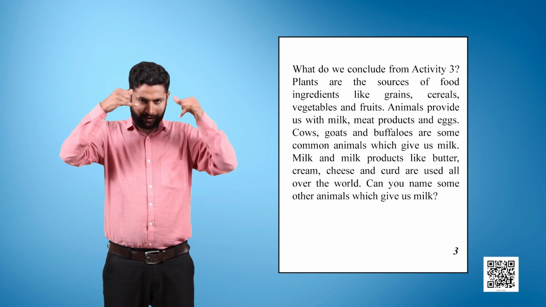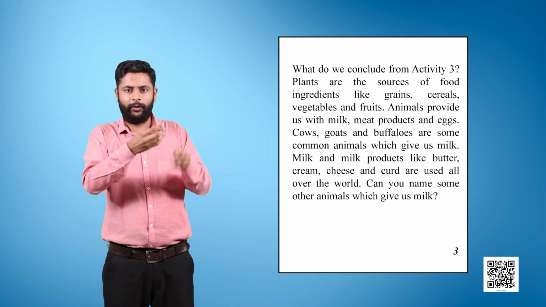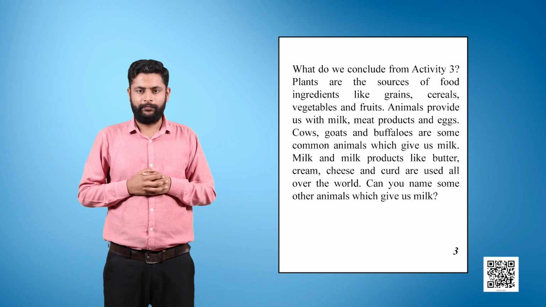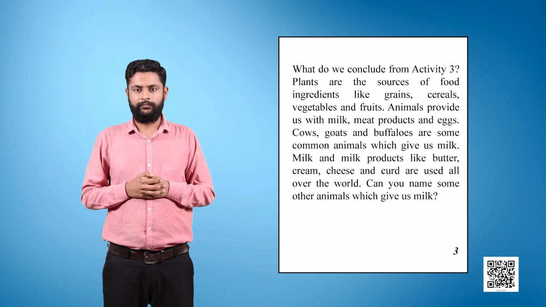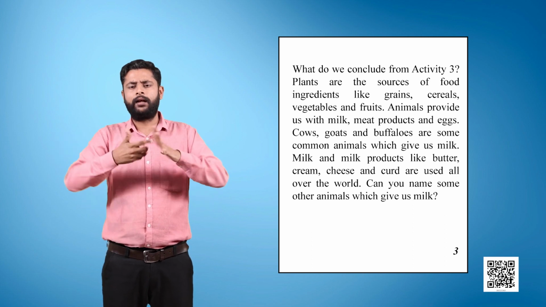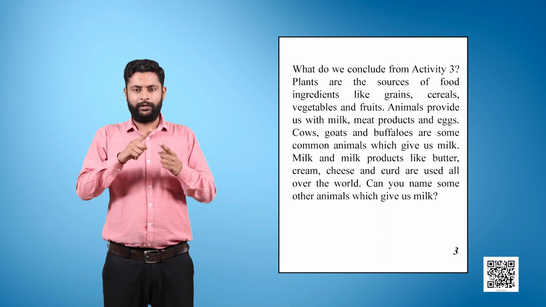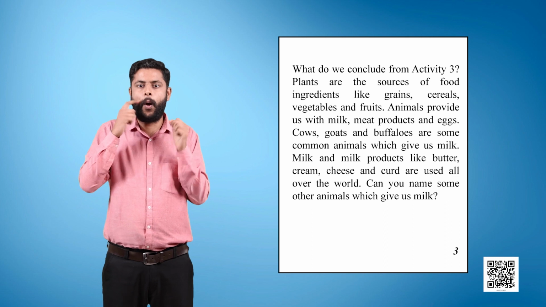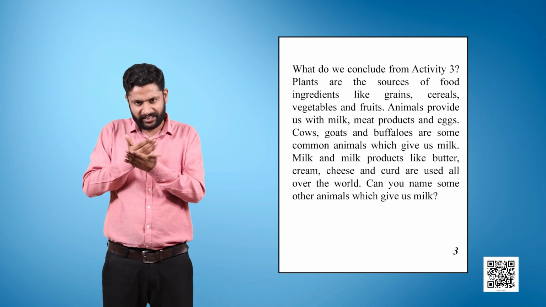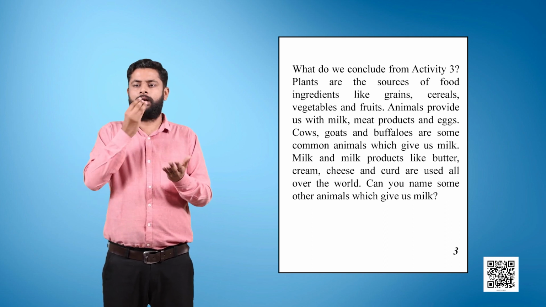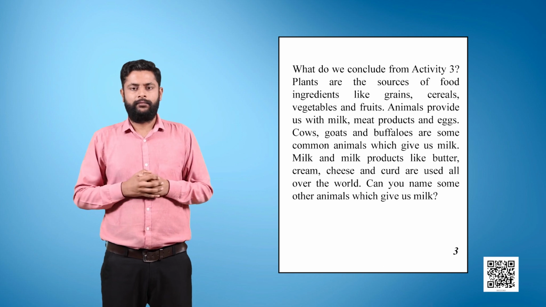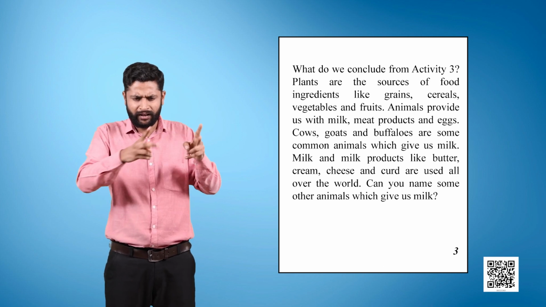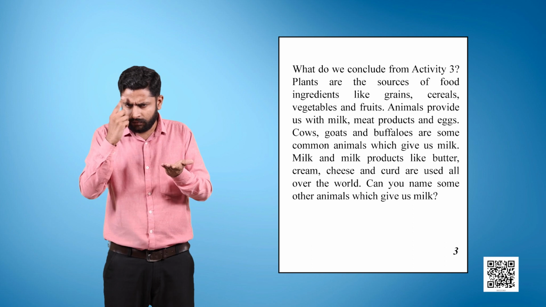Cows, goats, and buffaloes are some common animals which give us milk. Milk and milk products like butter, cream, cheese, and curd are used all over the world. Can you name some other animals which give us milk?